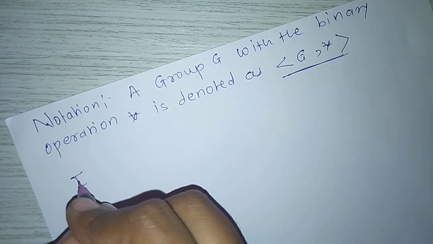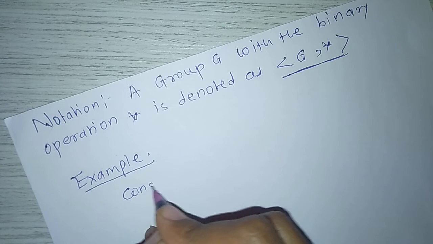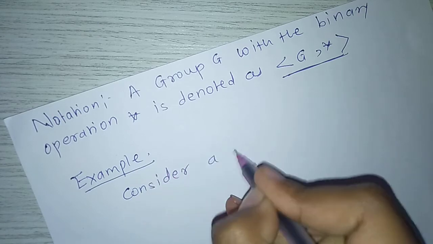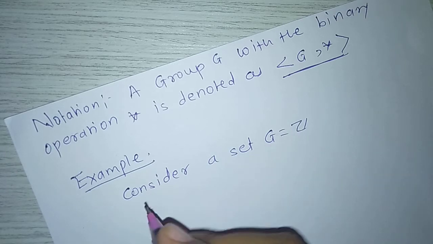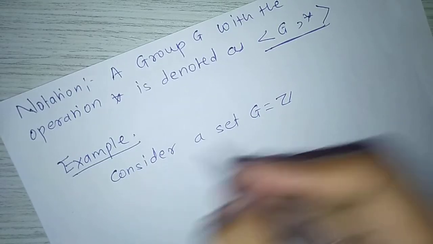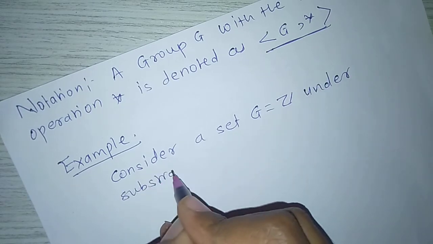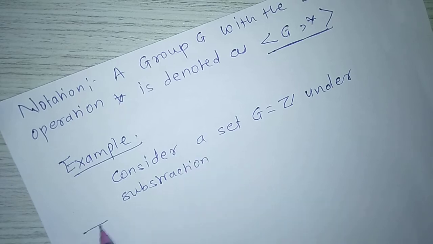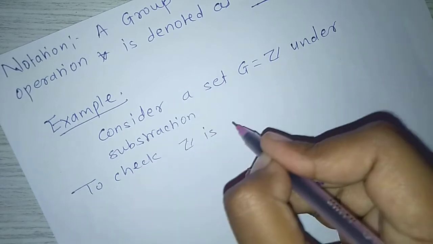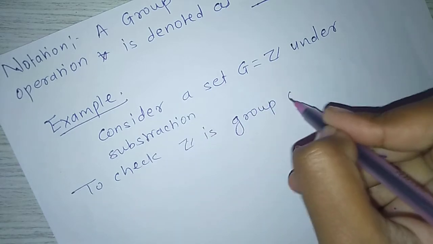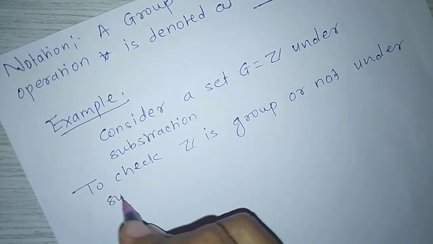Next example, consider a set G equal to Z under the binary operation subtraction. To check whether Z is a group or not under subtraction.